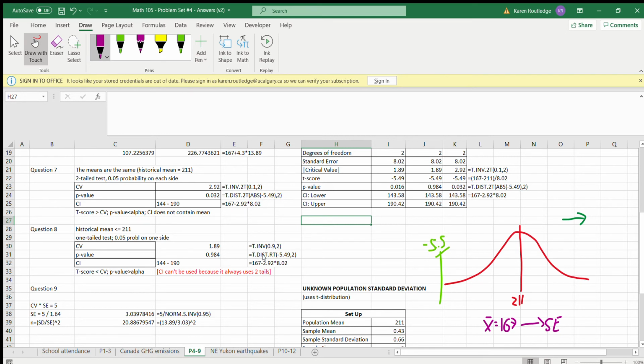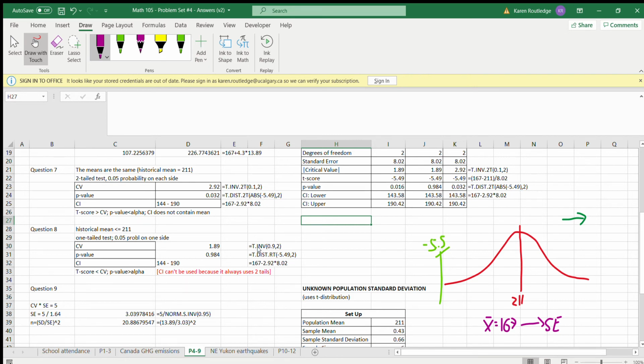And here's the formula that we are going to use to do that. We have a t here because we're dealing still with a t distribution. The dot dist formally refers to the distribution. At least that's what Excel thinks it means. I think it works better to think of that as distance. So we are going to give Excel a distance away from the mean in standard error units, and it will give us a p-value.